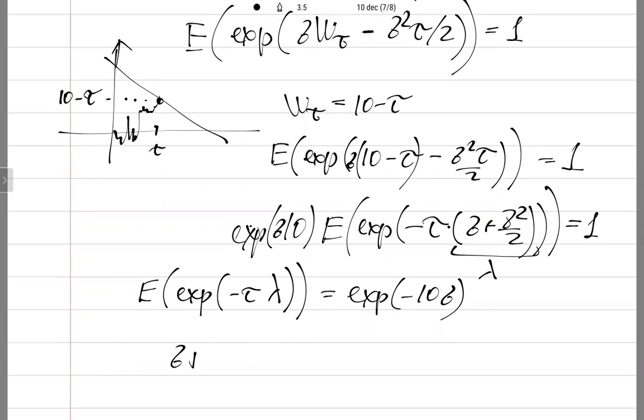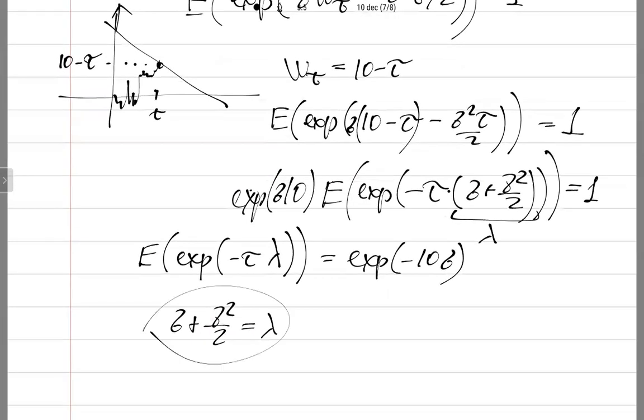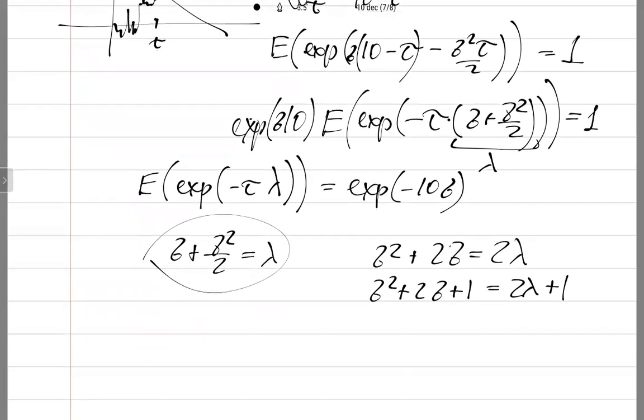And if I know that sigma plus sigma squared over 2 is lambda, I can solve for sigma. Sigma squared plus 2 sigma is just 2 lambda. Sigma squared plus 2 sigma plus 1 is just 2 lambda plus 1. So sigma plus 1 squared is just 2 lambda plus 1.